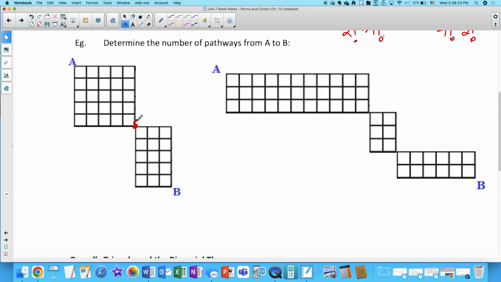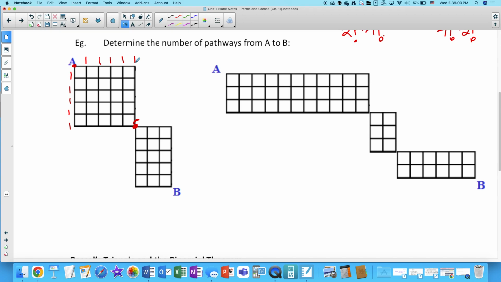If we were to actually write the numbers along the sides of the grids, let's say we're going from A to C first. Going down and right all along the left side and the top would be one way to get to each intersection. So there's one way to get here, 1, 1, 1, 1, 1, 1, 1, 1, 1.